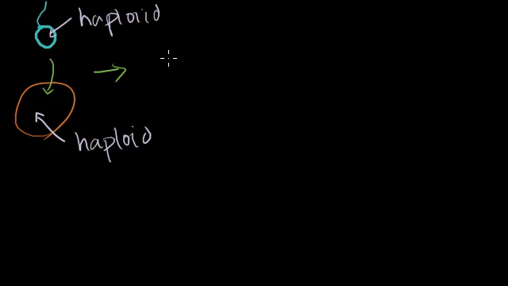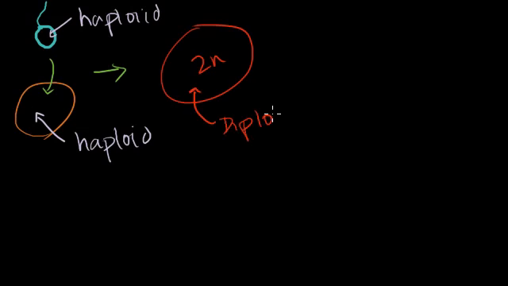Let me pick a nice color. So now you're going to have a diploid zygote that's going to have a 2n complement of the DNA material, or kind of the full complement of what a normal cell in our human body would have. So this is diploid, and it's a zygote, which is just a fancy way of saying the fertilized egg.